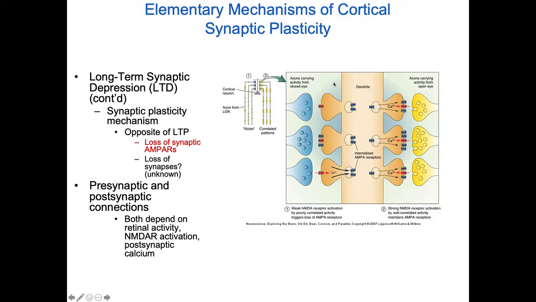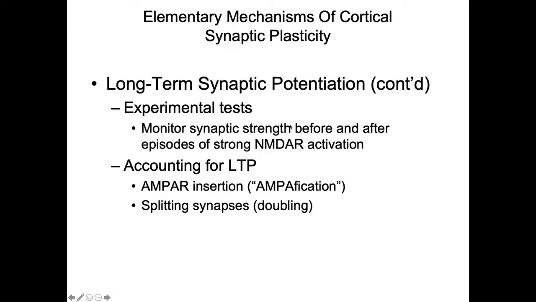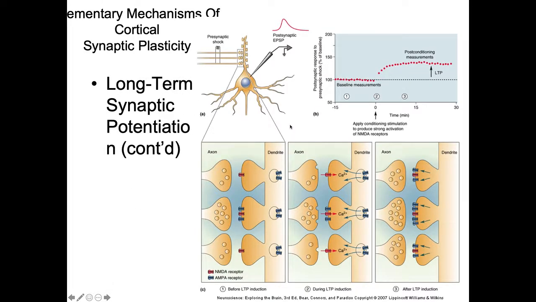So we're seeing this listed out here, where we have the opposite of LTP, where we lose synaptic AMPA receptors here. And there could be a potential loss of synapses as well, although the time course is pretty fast for that. You might have noticed, especially when we looked at LTP back here, that the number of vesicles here is different than the number of vesicles here.